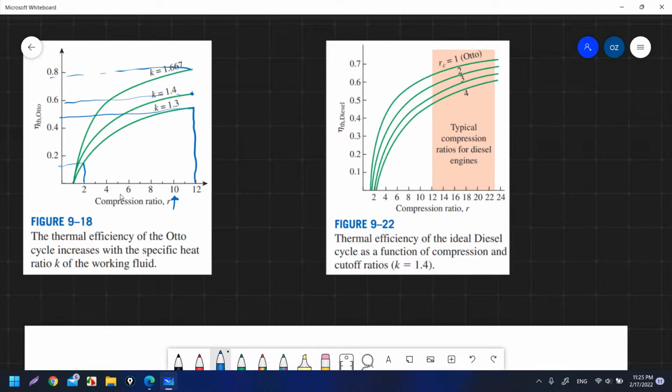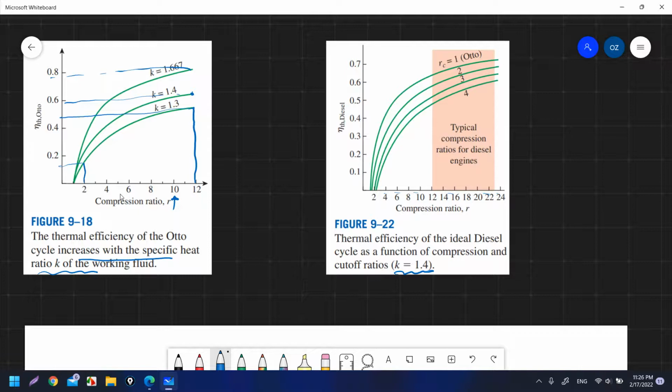So the thermal efficiency of the Otto cycle increases with the specific heat ratio k of the working fluid, which is air. For the diesel cycle, it is the same, by increasing the compression ratio under a constant specific heat ratio k.